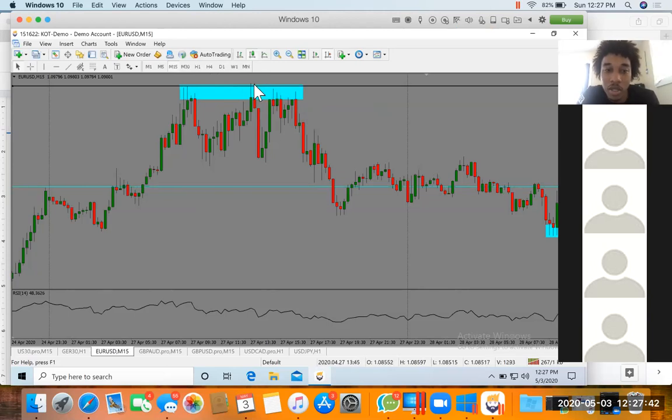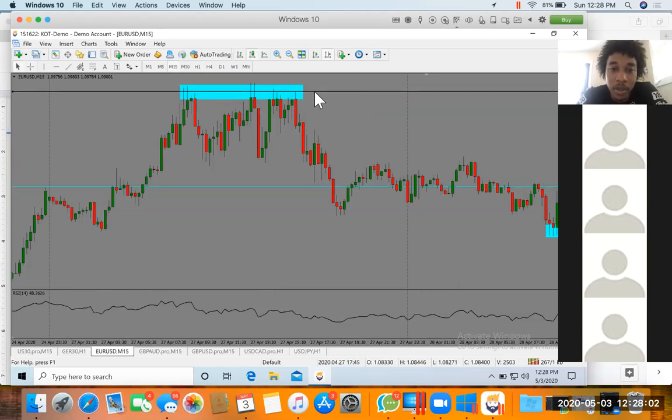So you enter on one of these wicks, you can enter on any of these, literally. I think I did a live London session, and I had this PA zone out. As soon as it touches this price, you can wait until it gets to the middle if you want to. Just put it in the middle. As soon as it touches that price, you can enter.